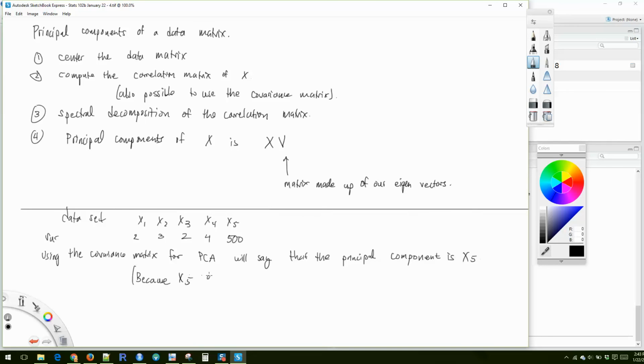X5 alone contributes nearly all of the variation that exists in our system.